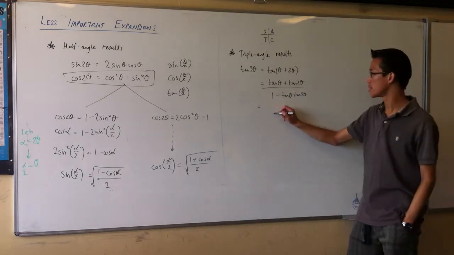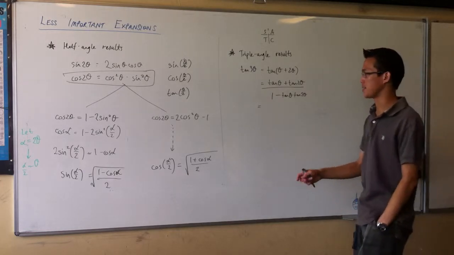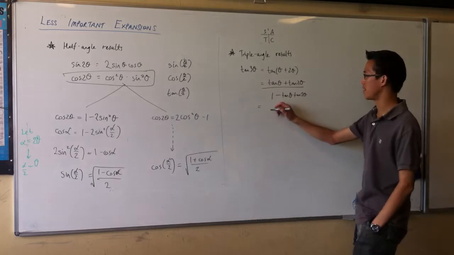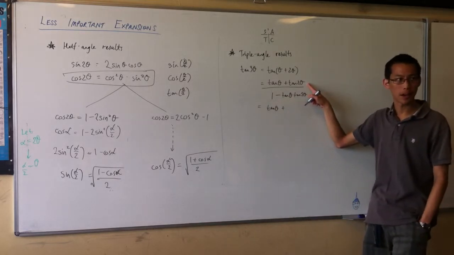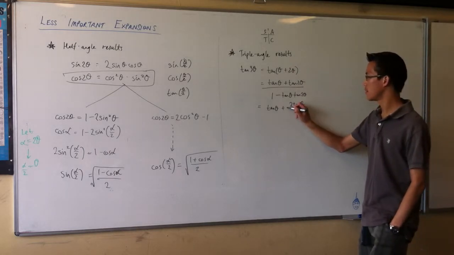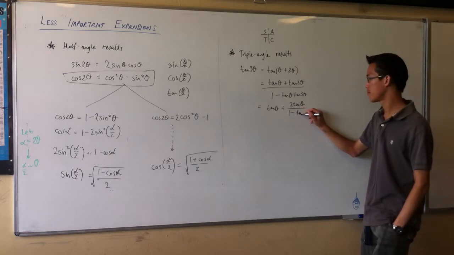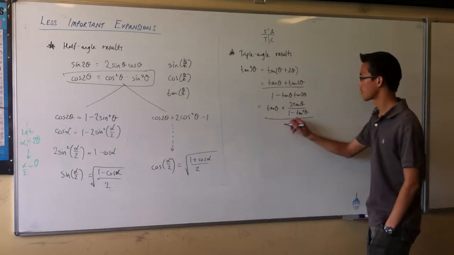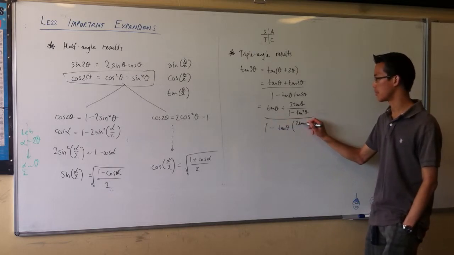Now to work with this, I'm going to have to expand again. I'm just going to finish this out because this draws out a helpful lesson for us. The expansion here is double angle: tan theta plus tan theta, so 2 tan theta all over 1 minus tan squared theta, and 1 minus tan theta, and same thing, except multiply.